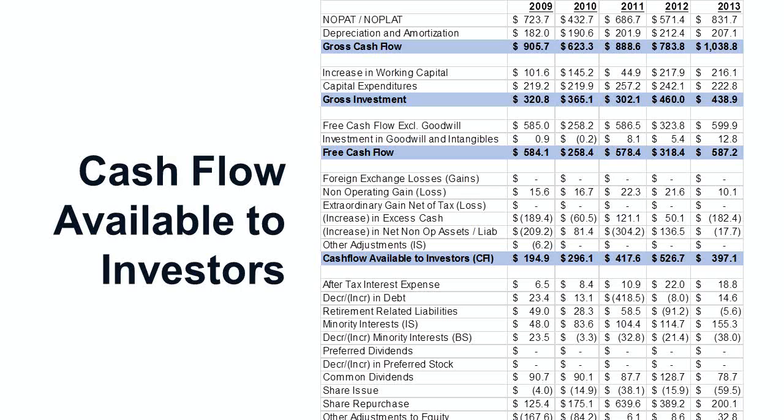From the $2.3 billion they had in free cash flow, increases in net operating assets and excess cash led to cash flows available to investors of $1.8 billion. And from this, they were able to invest $375 million in debt and pay back over $2 billion in dividends and buybacks.